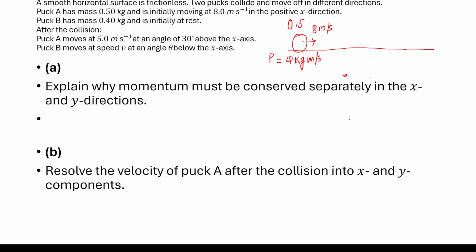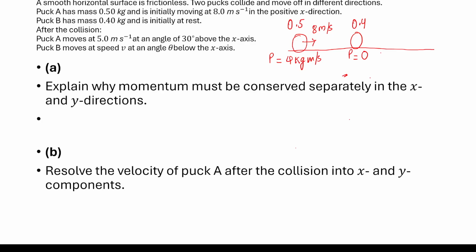Puck B initially has a mass of 0.4 kg, so 0.4, and is initially at rest, so the initial momentum is 0. After the collision, puck A moves 5 meters per second, so I'm going to make a diagram here.